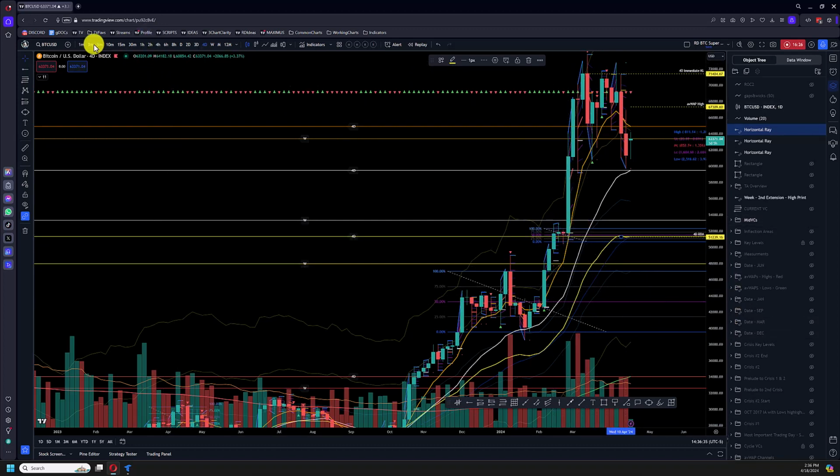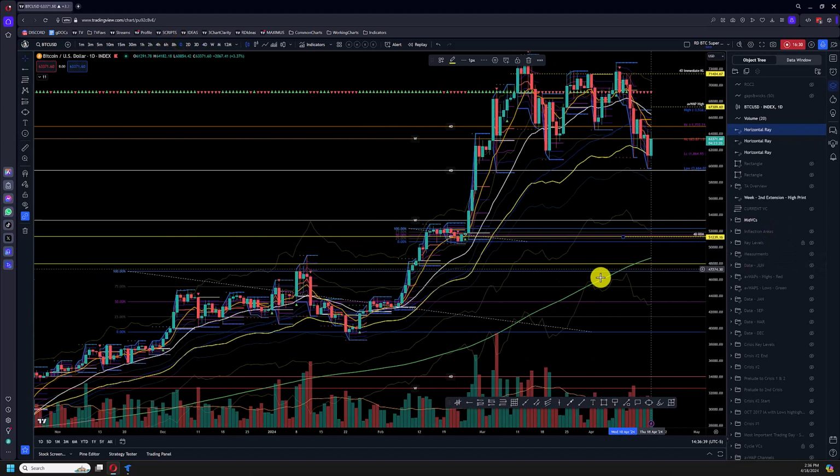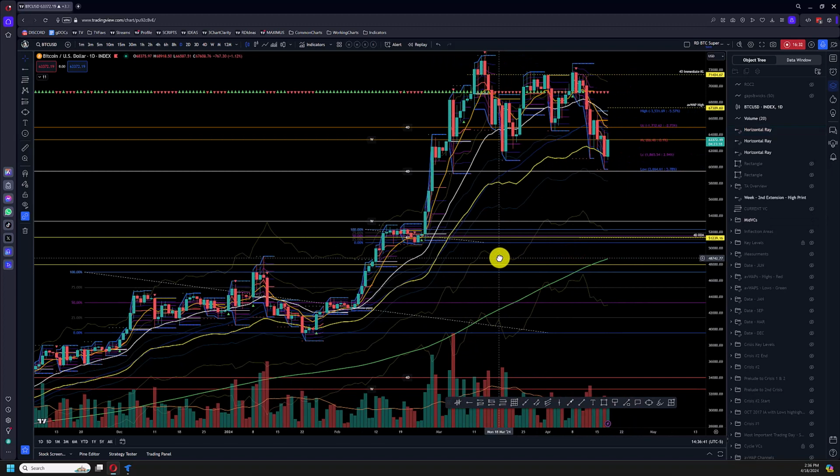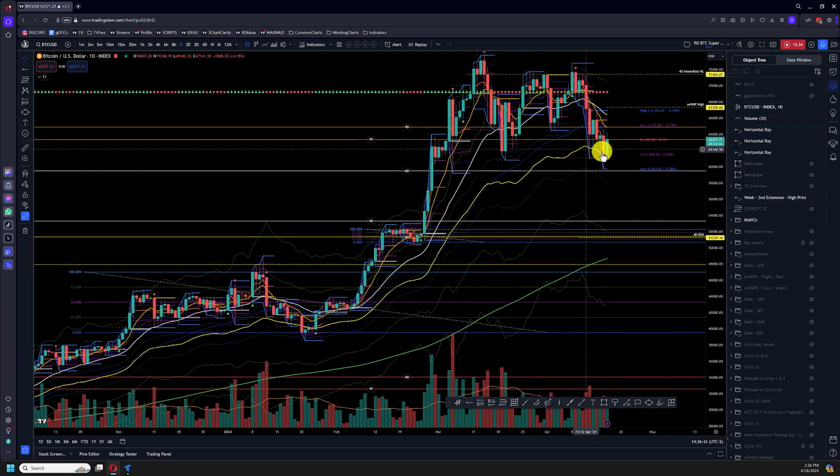So for me, I'll be up front. I'm really not looking to do any more entries as far as predictive reaction zone entries until this hits right around 51,000. If that doesn't happen, then obviously the long side played out.